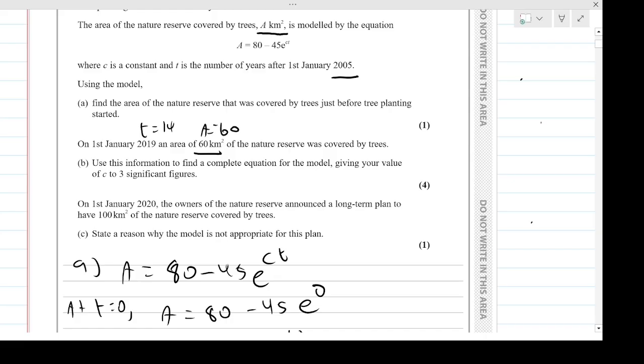Right, what it's talking about here is a long-term plan. Long-term is the key phrase here. That is talking about when t goes to infinity, when t gets really large. When t gets really large, you want the area to be 100.